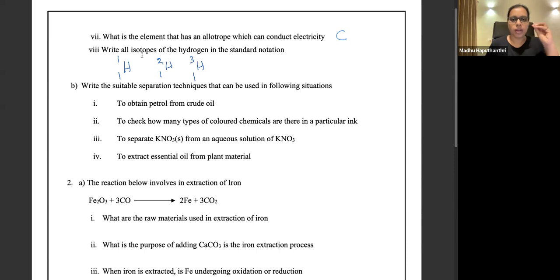This is the one and only isotope which is not having even a single neutron, right? This is the only isotope, not only for hydrogen. When you take all the isotopes in the world, the H 1 1 isotope is the one without a neutron, because this has one proton. That is what is symbolized here also, 0 neutrons.